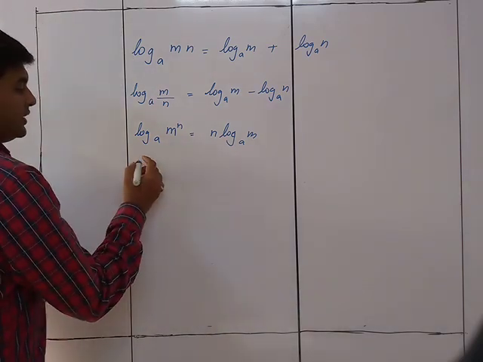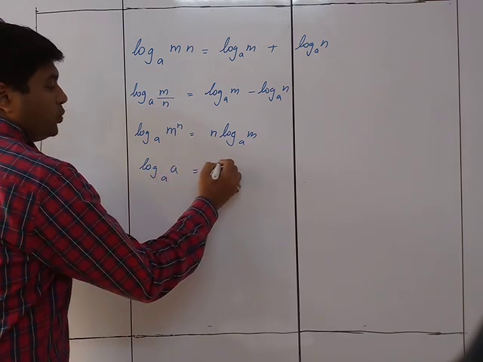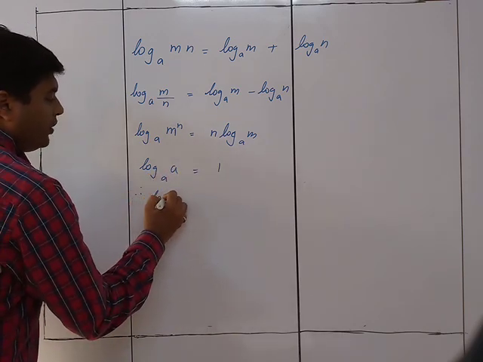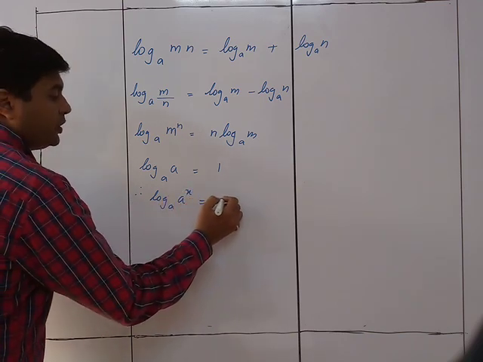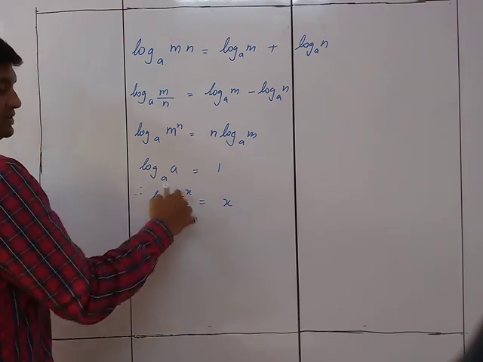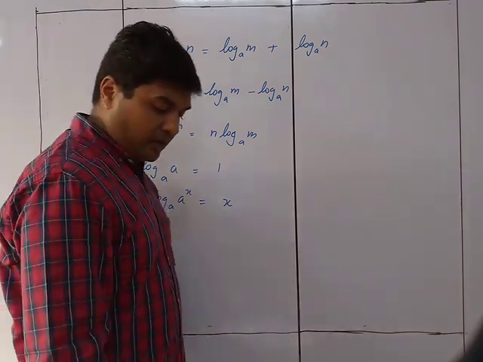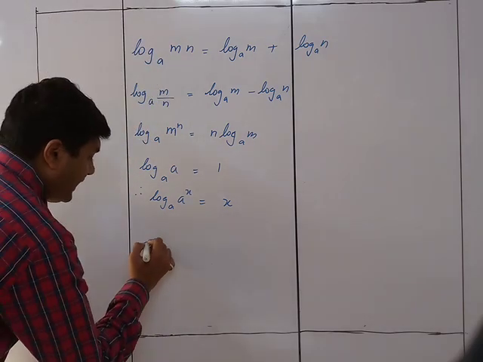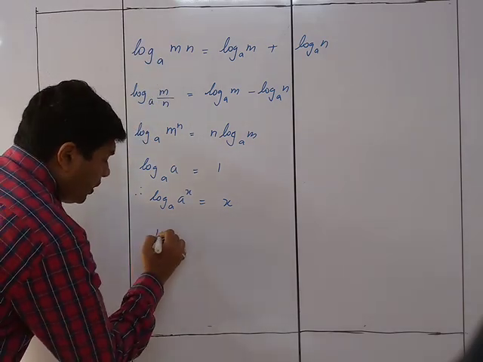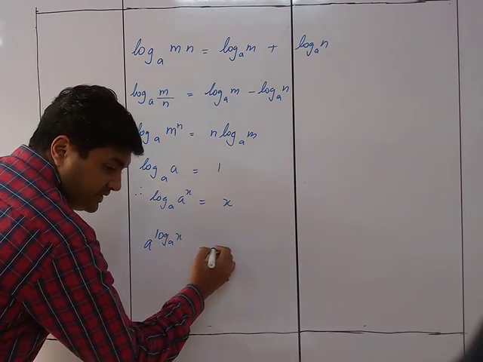Next, we already saw that log of a to the base a is equal to 1. Therefore, log of a raised to x to the base a will be equal to x, because this is 1. This is something we can deduce from this. And also that a raised to log of x to the base a is equal to x.